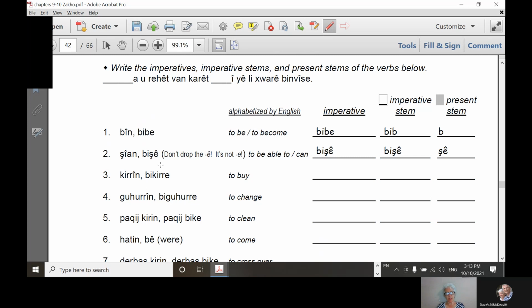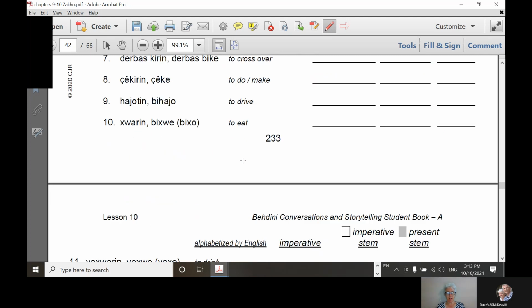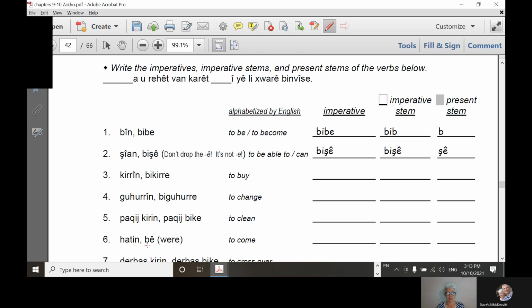And then note in number 2, shian bishay. Bishay does not end in an ending, it ends in an e with a hat, bishay. So you don't drop it if it's not the ending. Surely there's another one here that's like that. Here's one.